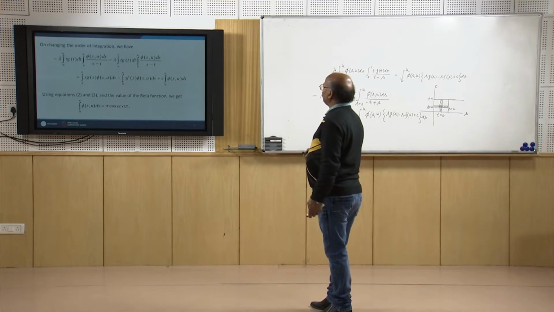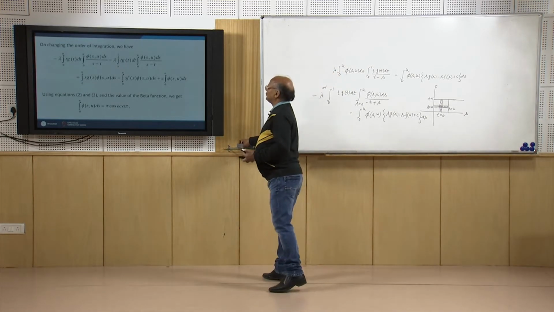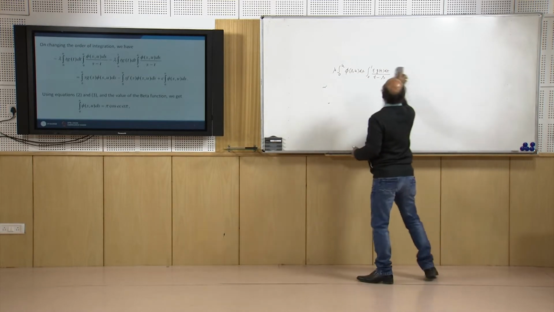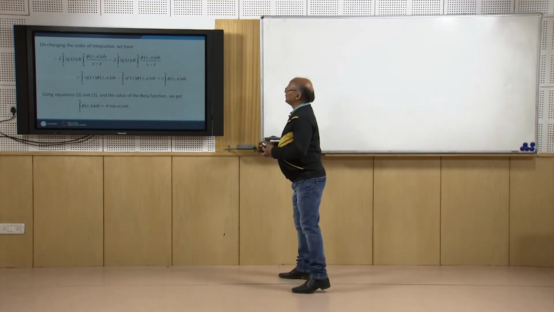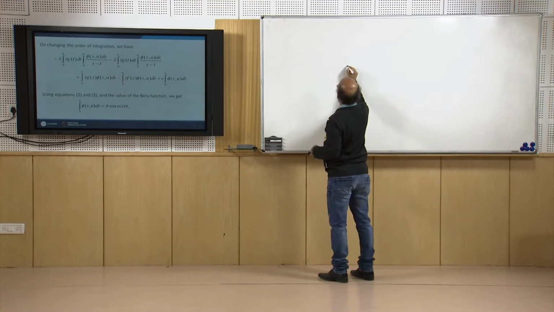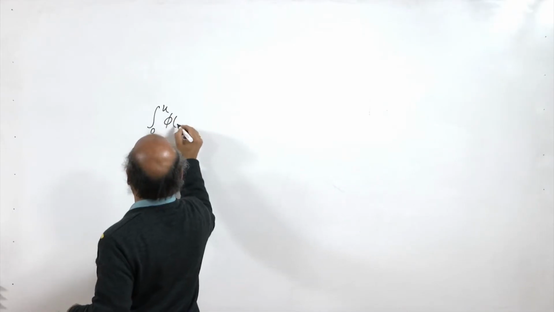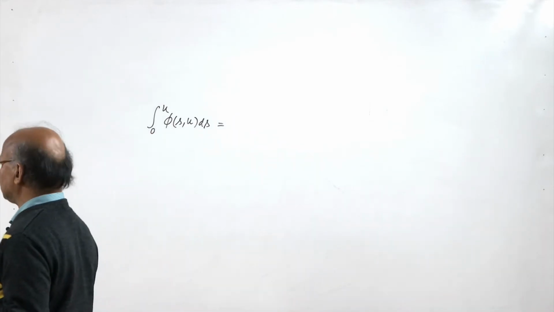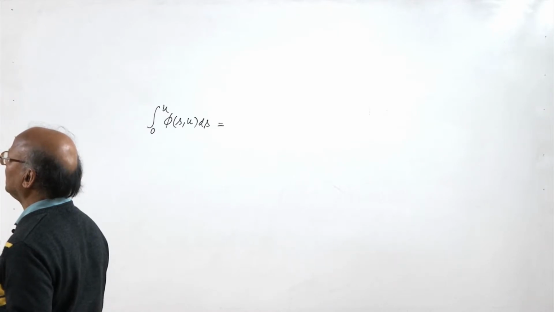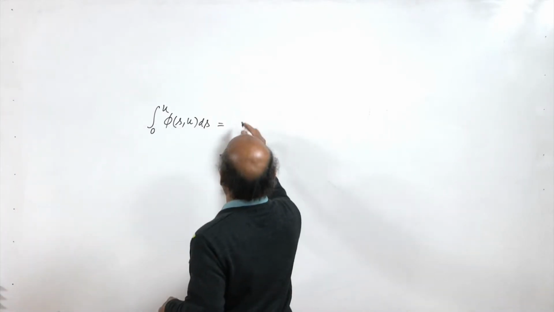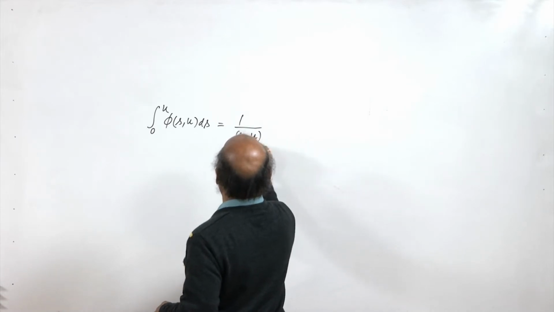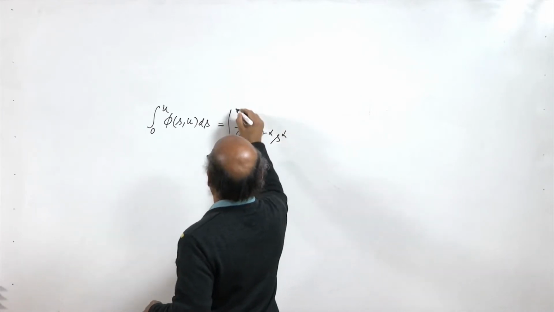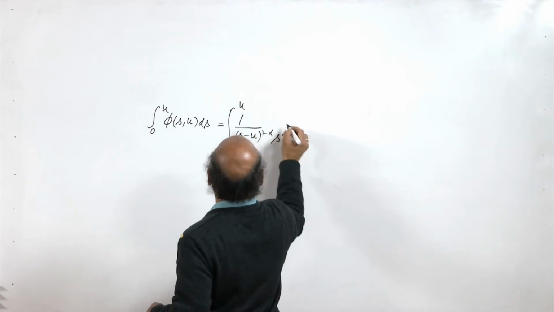Now, let us first evaluate integral over 0 to u phi(s, u) ds. Here phi(s, u) we have assumed to be equal to 1 over (u minus s) to the power 1 minus alpha into s to the power alpha, integrated from 0 to u with ds.